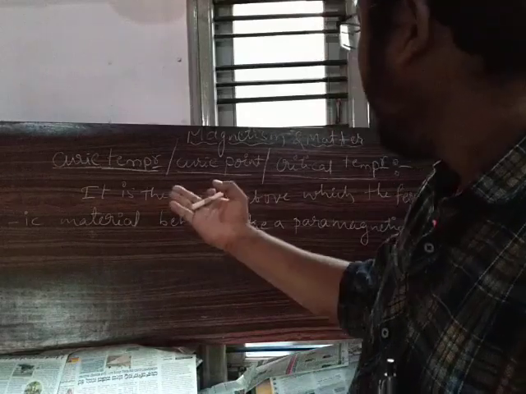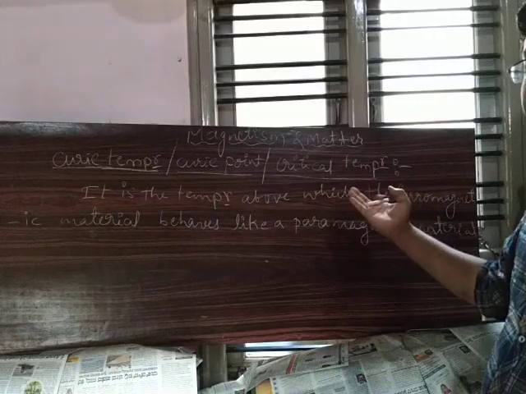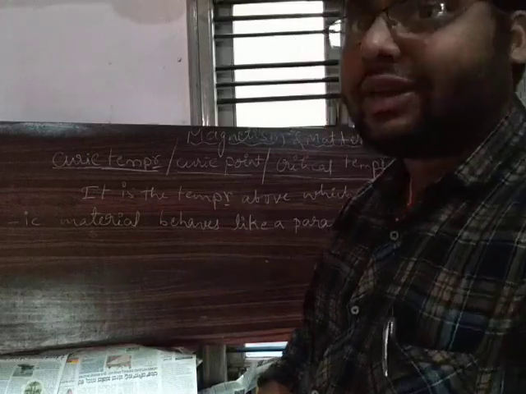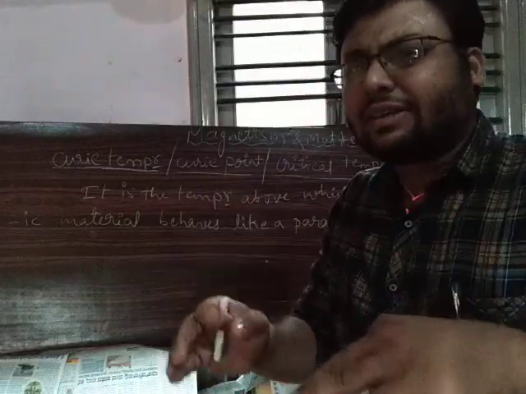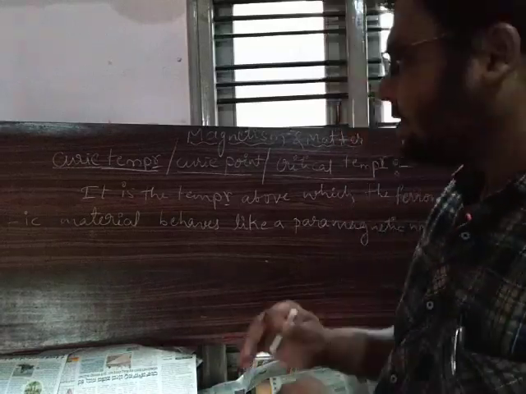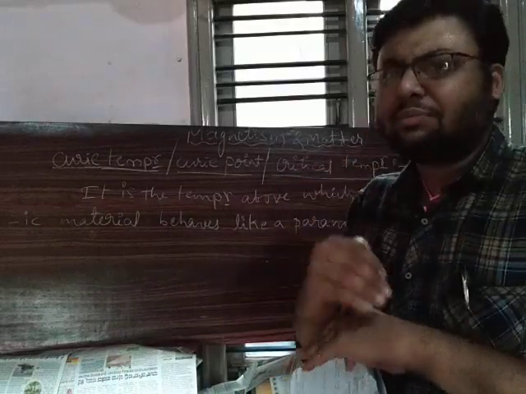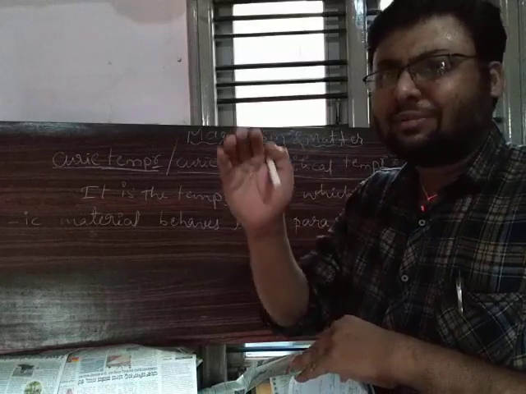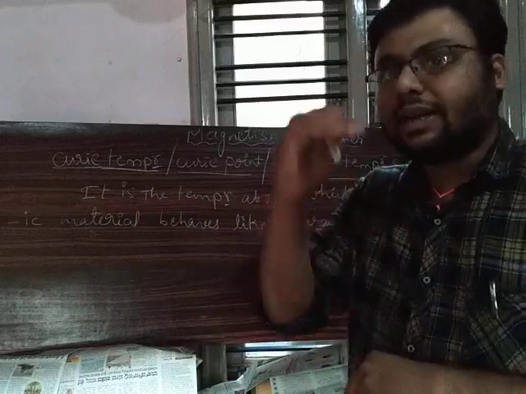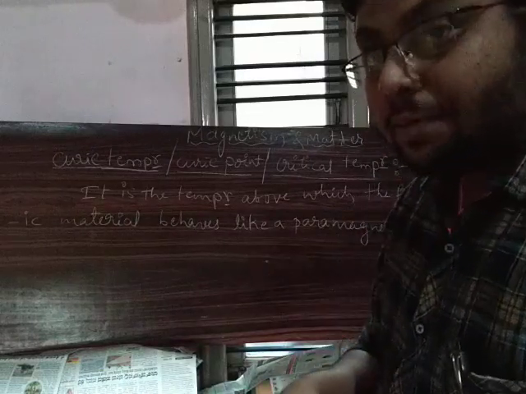So when the temperature exceeds the Curie temperature, above some particular temperature, let's neglect the Curie temperature or Curie point or whatever it may be, and just consider a temperature which is increasing up to a certain limit. The ferromagnetic material remains with its original properties, but above a certain limit, they'll start behaving like a paramagnetic material.